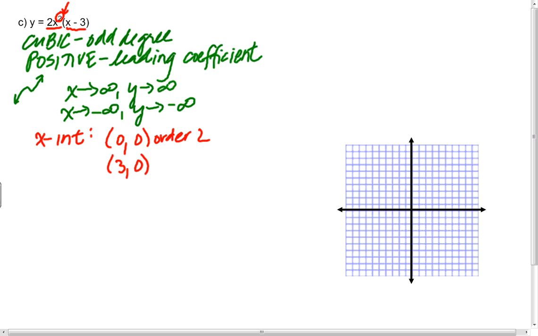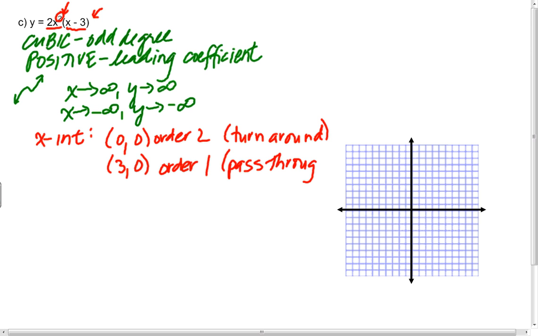That means the function will turn around or bounce at that x-intercept. The x-intercept of 3 is of order invisible 1, an odd order. So that will pass through, the function will pass through that x-intercept. That's very helpful for drawing.